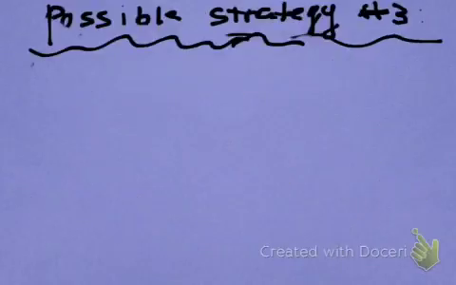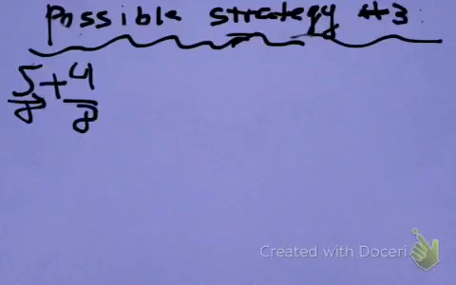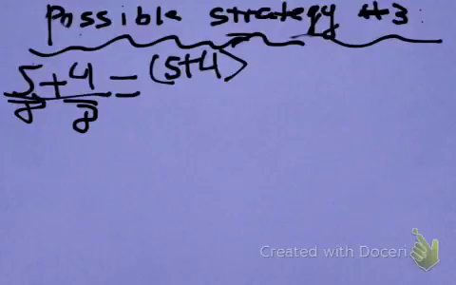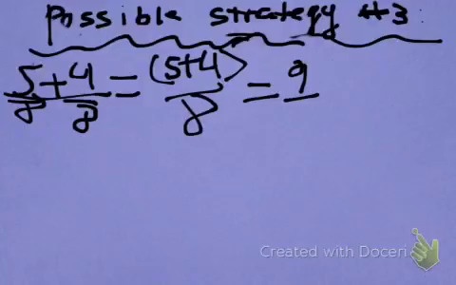Possible strategy 3 is the same thing as the first one, but it's add the lengths and widths, and multiply the sum by 2 to double it. So first we're going to do 5/8 plus 4/8 because 5/8 is the width and 4/8 is the length. That equals 5 plus 4 in parentheses over 8, which equals 9/8.